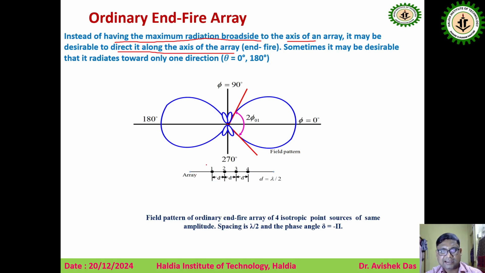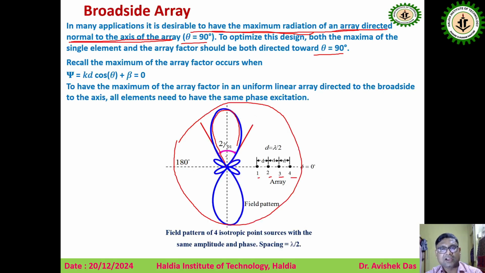Here antenna number 1, this one 2, this one 3, this one is 4. If we want the radiation along the axis of the array, then it forms the end fire array. And if we want the radiation along the normal of the axis of the array, it forms the broadside array.